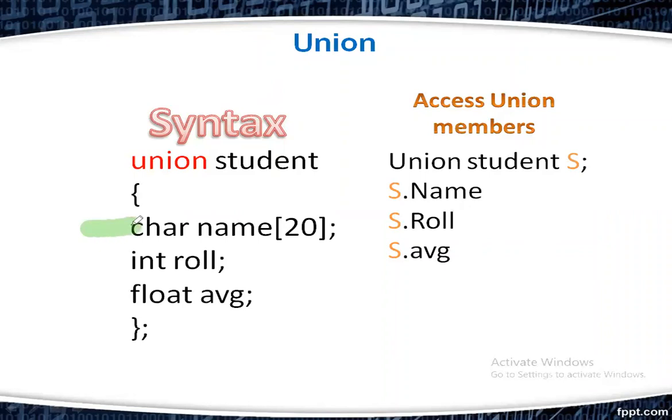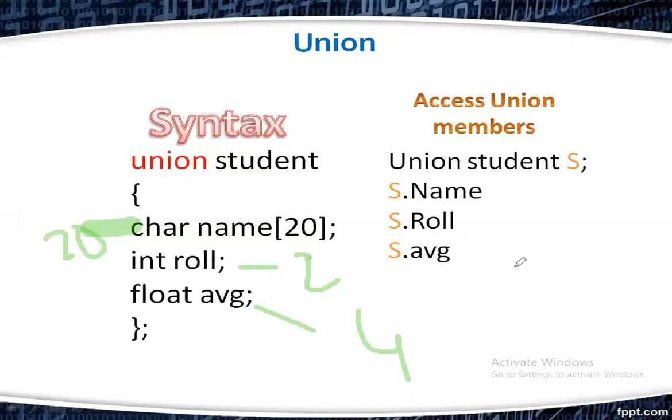Here, 20 bytes. Here, 2 bytes. Here, 4 bytes. Out of 20, 2 and 4 bytes, it chooses the biggest allotted space.